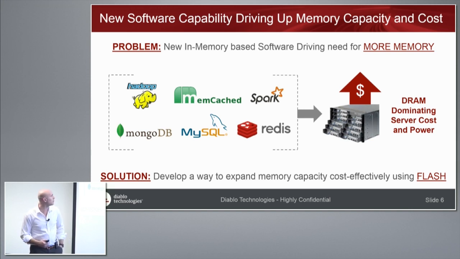Five to ten years ago, everybody was very familiar with names like Hadoop and MongoDB. Not the fastest things in the world, not very memory intensive, but you can scale it across 1,000 servers, 2,000 servers, or 20,000 servers. And so large scale warehouse type computing became very important.